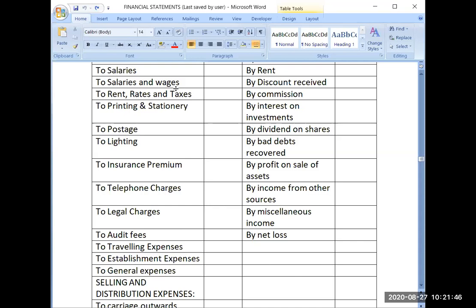But in salaries and wages, the major part of the amount is salaries, so due to the majority rule, it becomes an indirect expense.